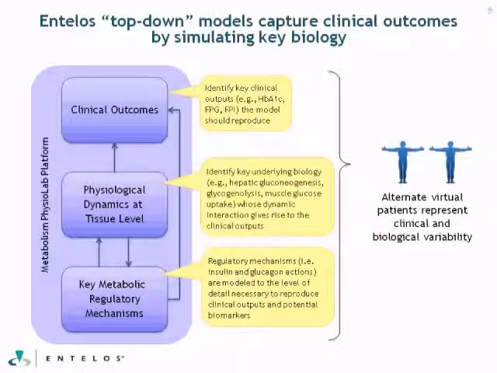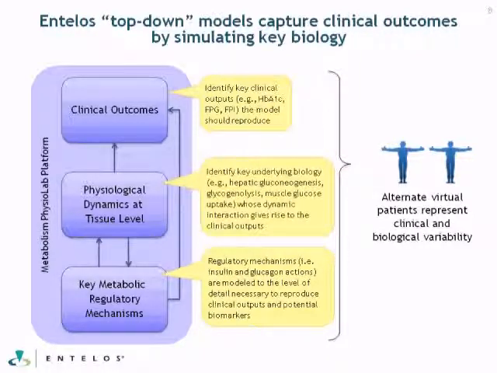For example, the insulin-sensitive tissues such as the liver, muscle, and adipose tissue, the GI tract where we look at the digestion and absorption of nutrients. We also look at gastric emptying and the secretion of gut peptides. We also look at the hormone secretion, including insulin, glucagon, epinephrine, cortisol, as well as the non-insulin sensitive tissues such as the kidney, brain, and other tissues.